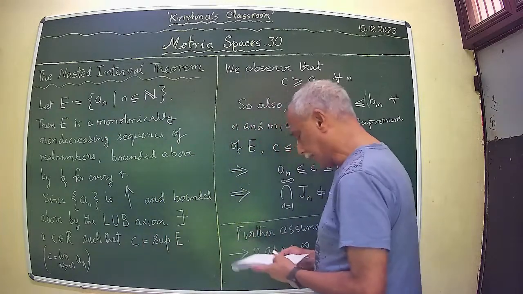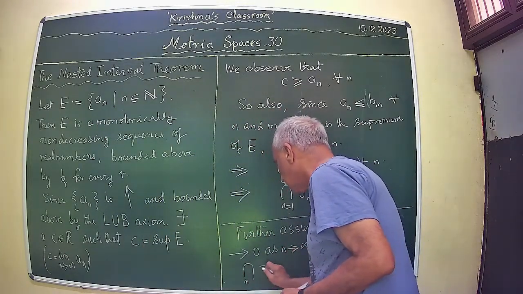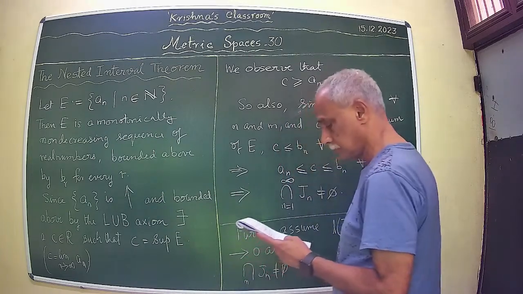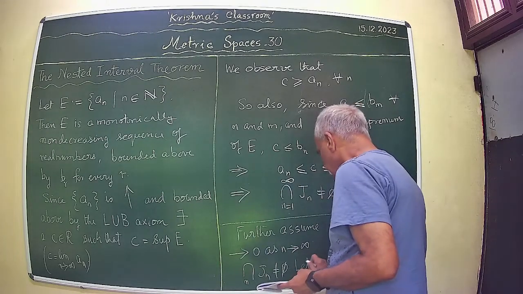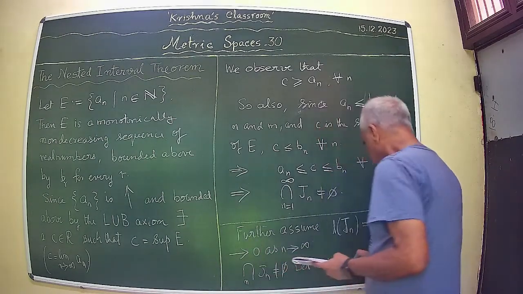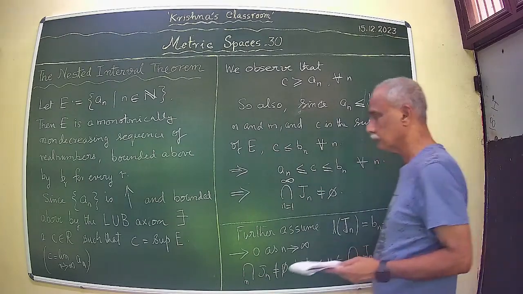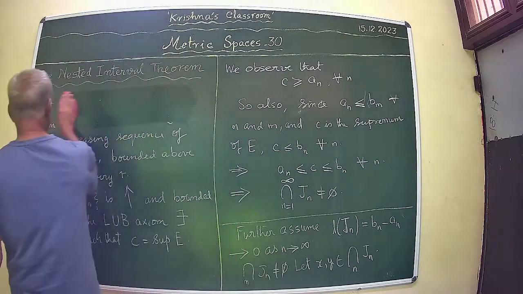Now we already have the intersection of Jn known like this. In general there may be more than one point.